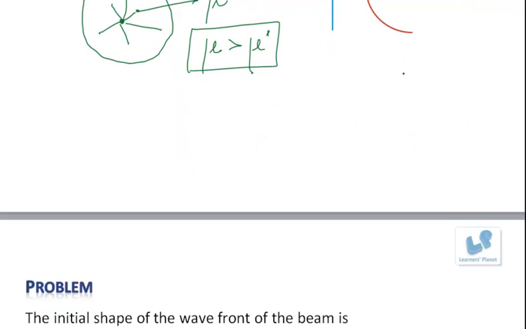Let us say this is the center or the axis. So the speed of light which is coming through this ray is less, and speed of light at this point is very high, it's more.